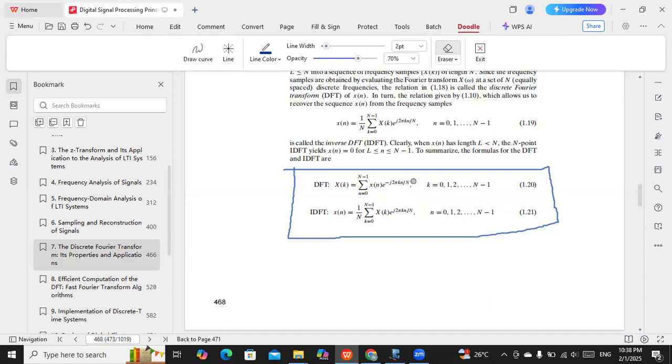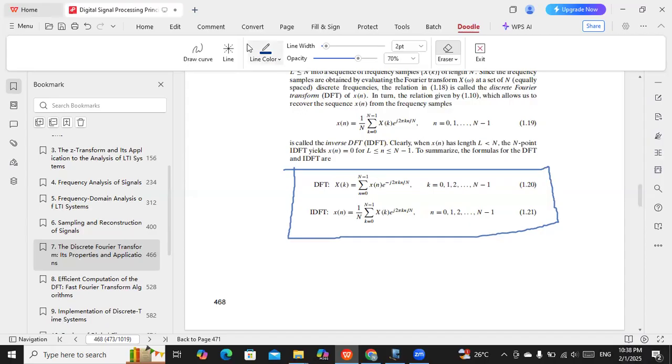Sorry, this N is the number of frequency samples, and this N should be greater than or equal to L. That is very important.